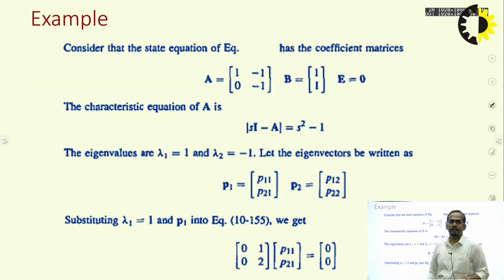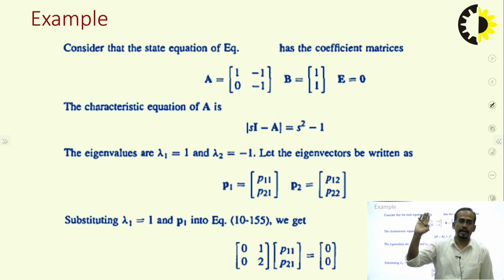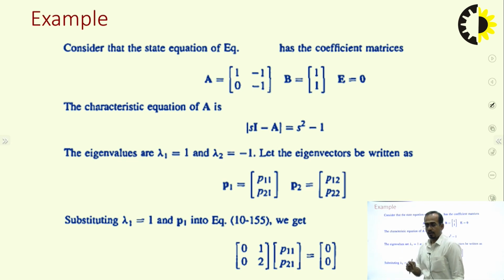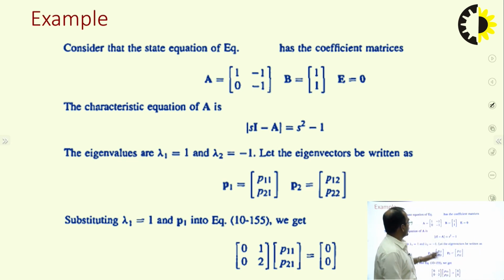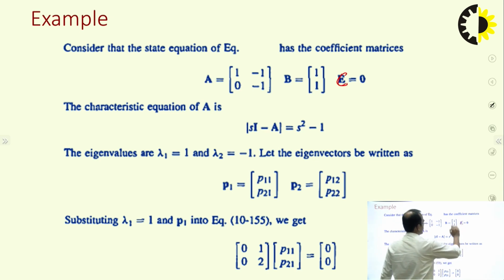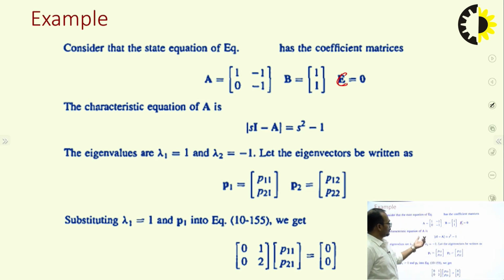So how will you find the eigenvector and eigenvalue? This is very simple. We have to write the characteristic equation. I am finding the eigenvalue and eigenvector for a state space model, the state equation in which A, B and C are given to us. So what will be the characteristic equation?